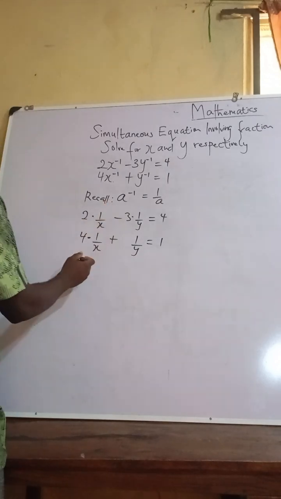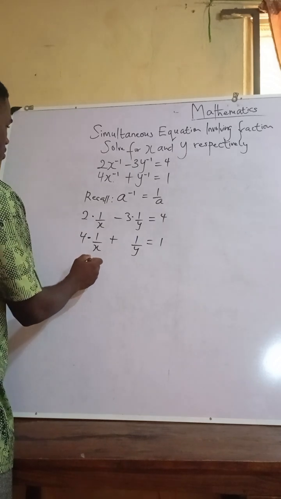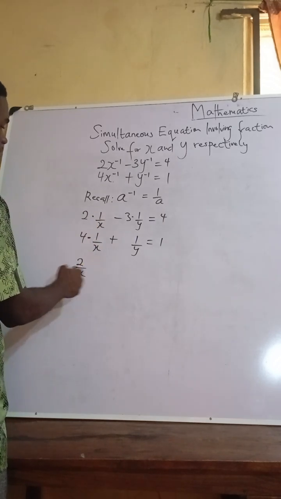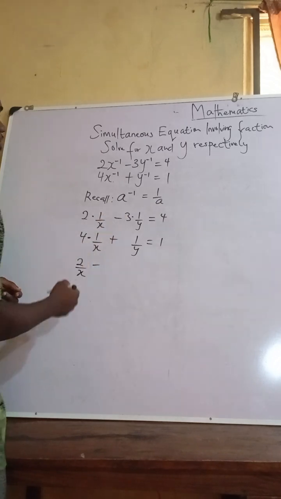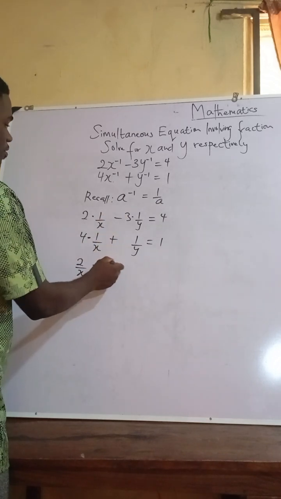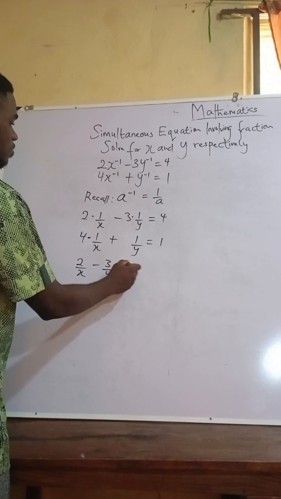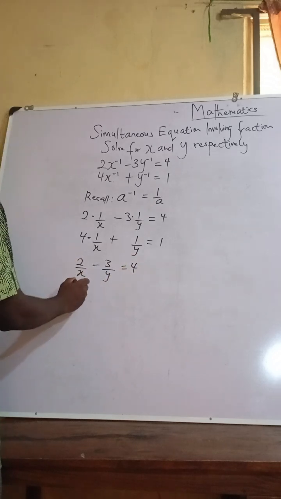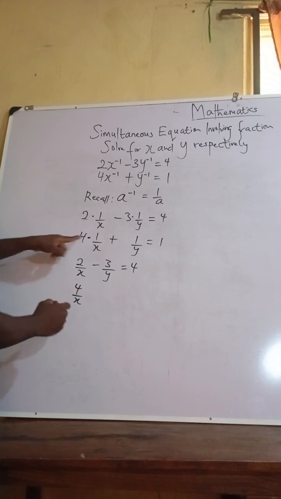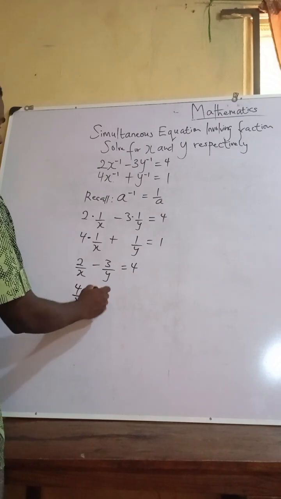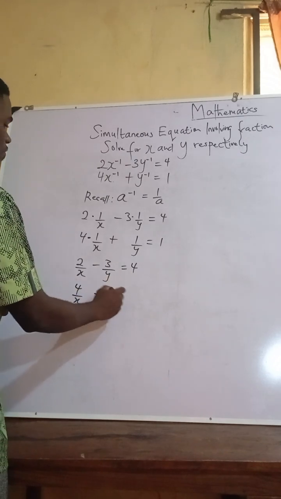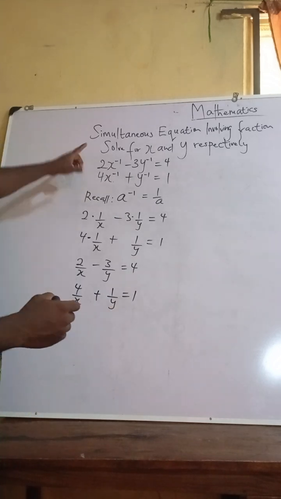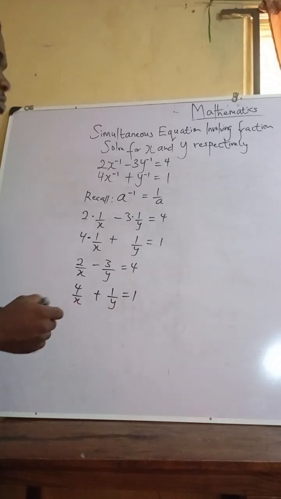Then you're going to have 2 times 1 is 2 over x, minus 3 times 1 is 3 over y, which is equal to 4. Now you come to the next equation. You're going to have 4 over x, because 4 times 1 is 4, over x plus 1 over y, which is equal to 1.